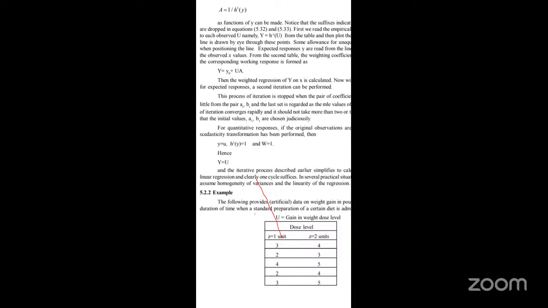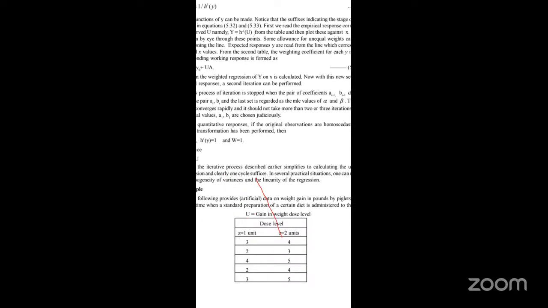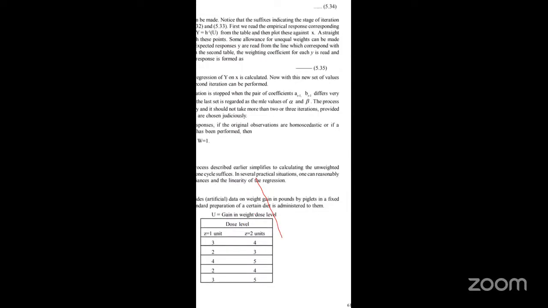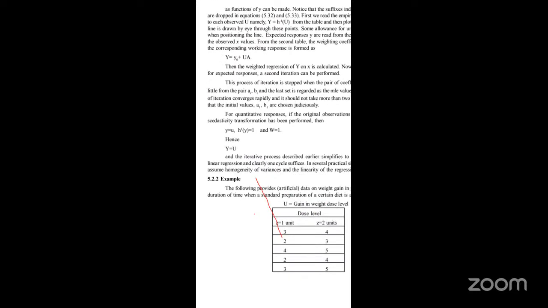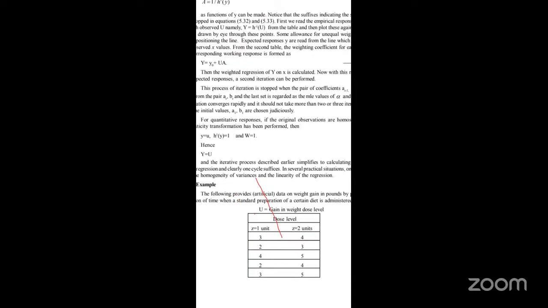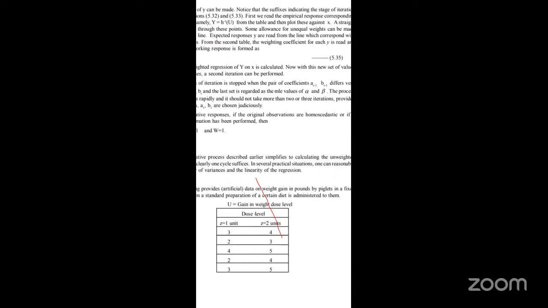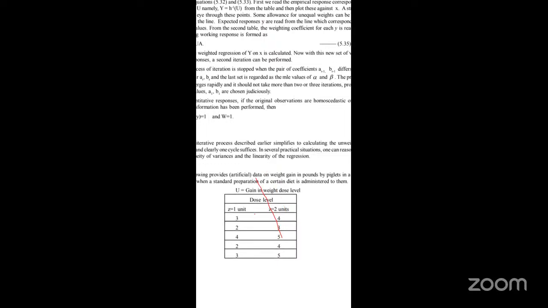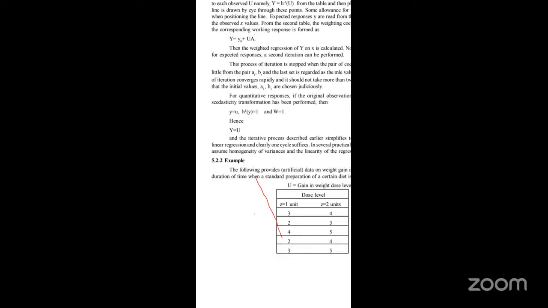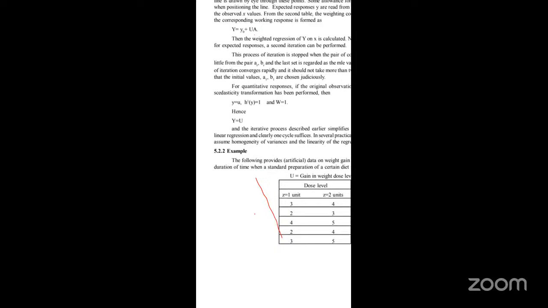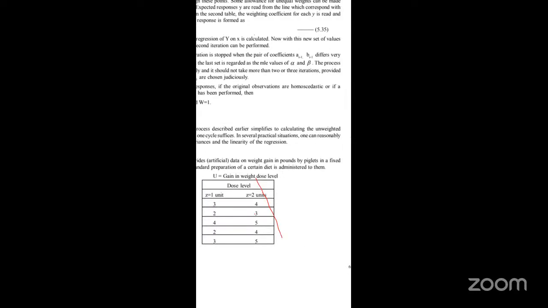The process of iteration is stopped when the pair of coefficients A, B differ very little from the previous pair A, B, and the last set is regarded as the estimated values alpha and beta. The process of iteration converges rapidly and it should not take more than two or three iterations.